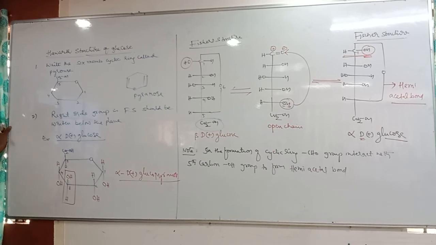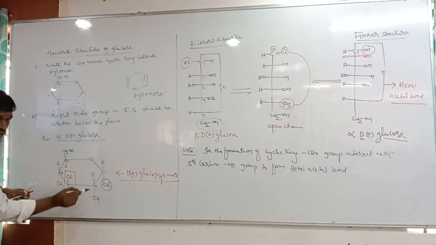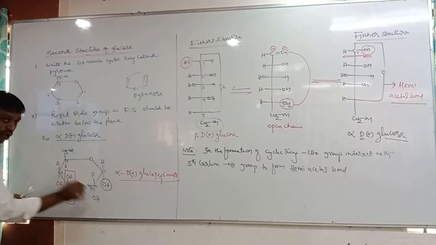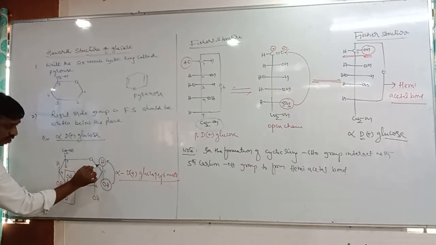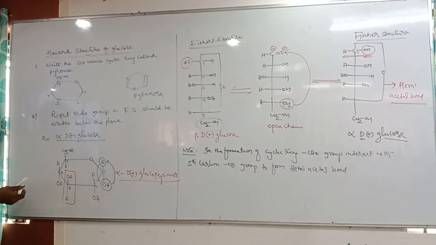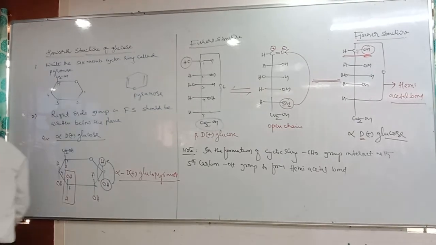Now, how will you write the beta form? By changing the position of only one carbon's OH, that is the first carbon OH. If the first carbon OH is below for alpha, then exchange this H and OH, bring it above, and it becomes beta.